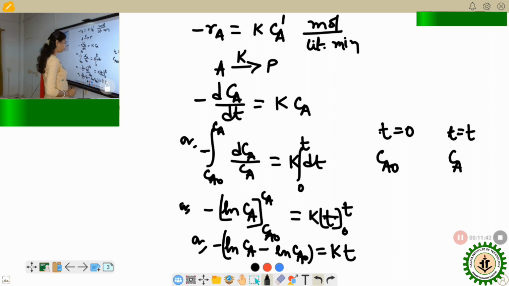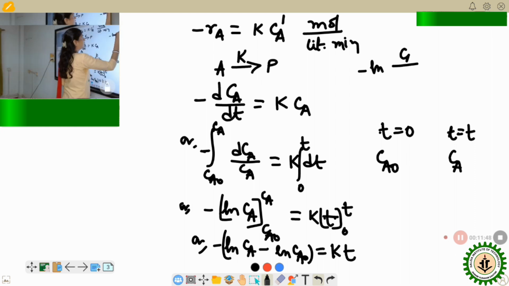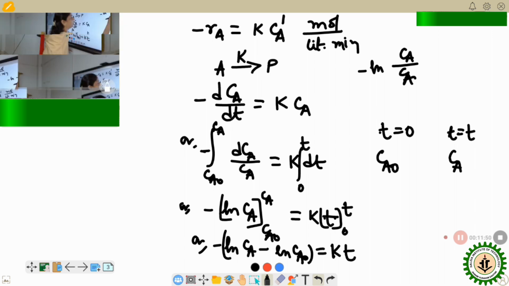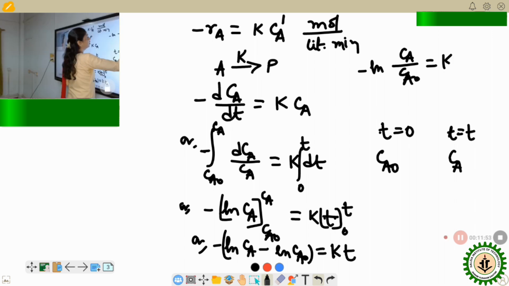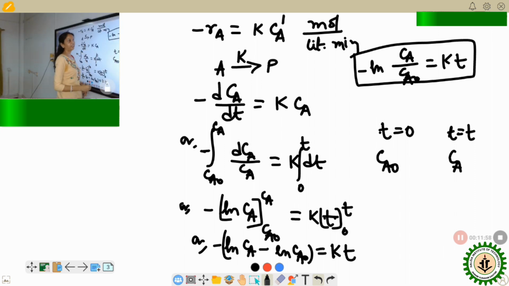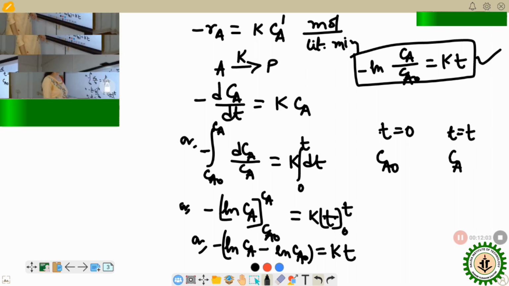So finally what will come? That is minus ln Ca by Ca0 equals Kt. Fine. This is the integral formula for the first order rate equation.